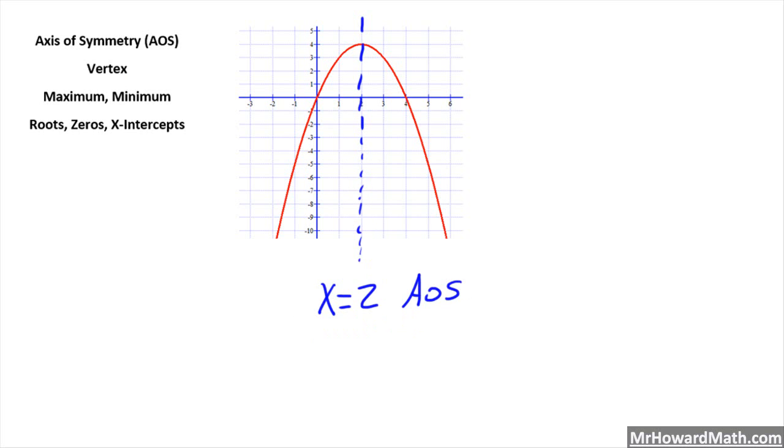The vertex in this case is right up here. We always list that as an ordered pair, so the vertex of this graph is (2, 4), and in this case it would be a maximum. We'll abbreviate max like that. So the vertex ordered pair is (2, 4), and in this case it is a maximum.